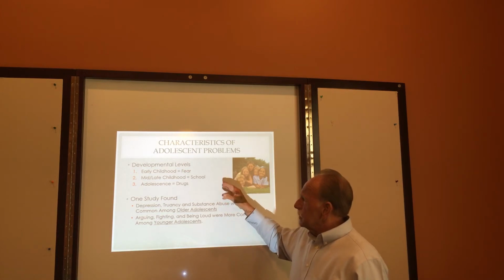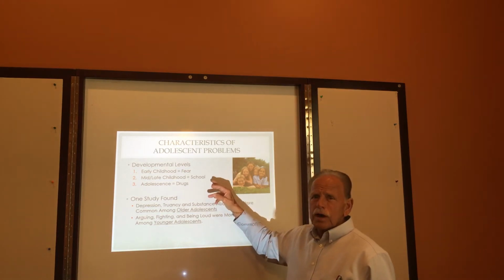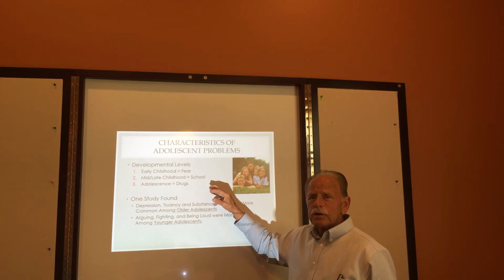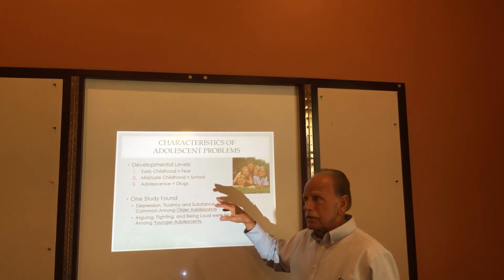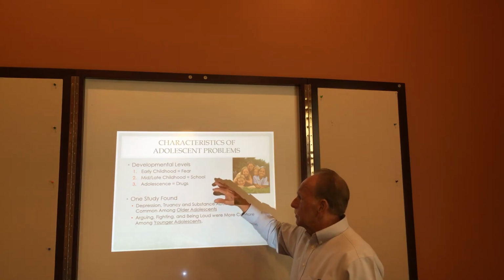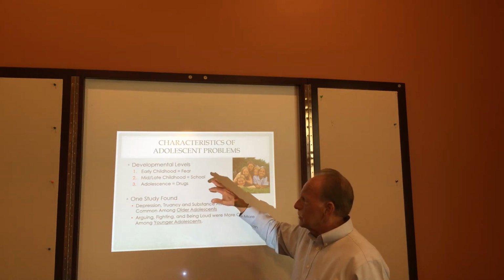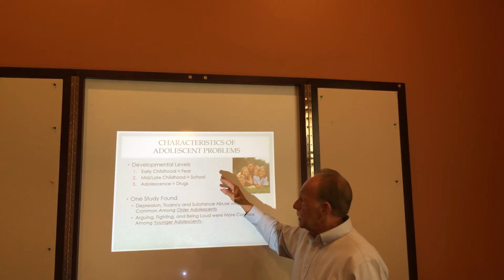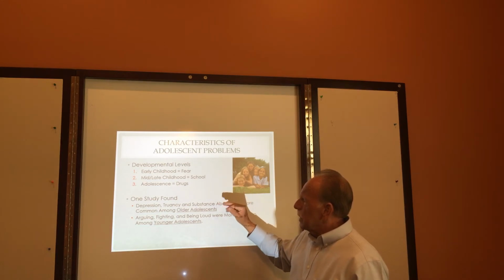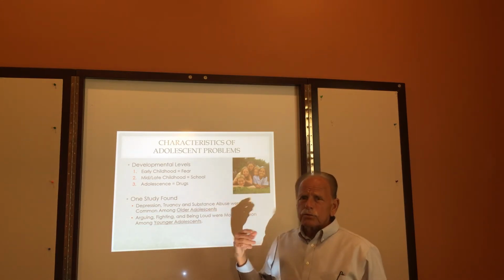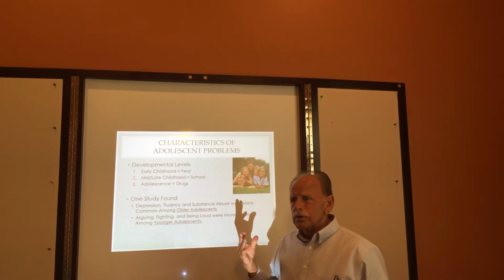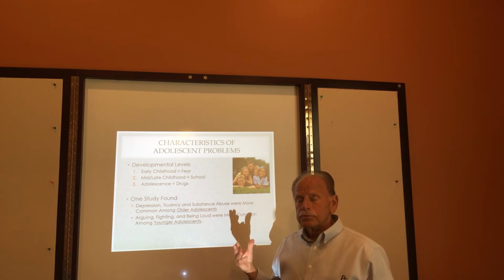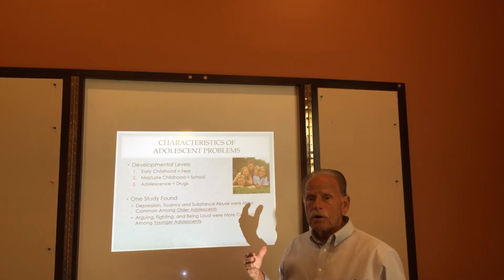Some of the problems you're going to see in this chapter as they move into childhood, anything through elementary school, the school problems are going to start to surface, the ADHD and the different issues associated with that, and their grades and their lack of attention and so on. It'll show up as school-related problems. But by the time we get to the group that we're talking about in adolescence, you're looking at issues that are much more serious, like substance abuse, drugs, and or alcohol.